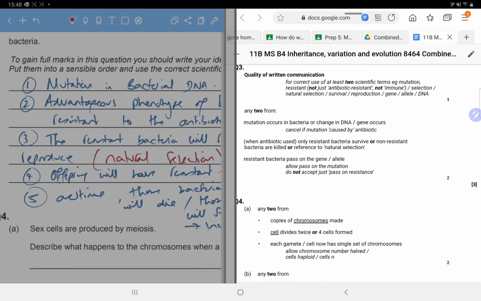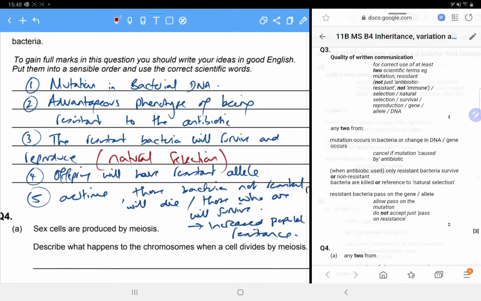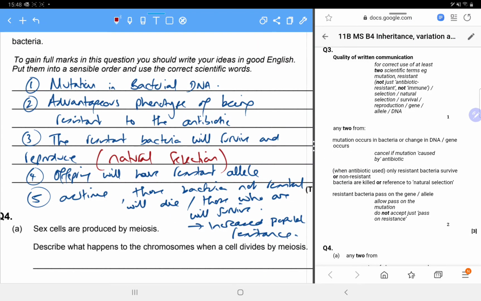So you can see in that question, we started off with talking about the whole process in our mind of a mutation in DNA, which causes a change in the DNA sequence, which might produce a different phenotype. And now we've just gone a bit into less detail than that in our minds and just given the sequence of events that's relevant here.